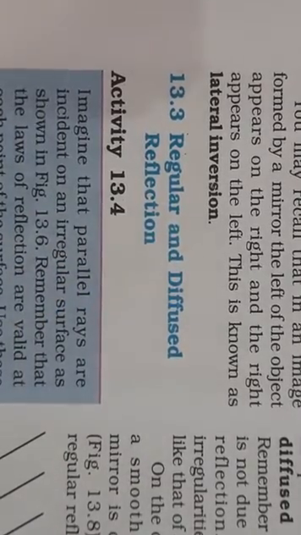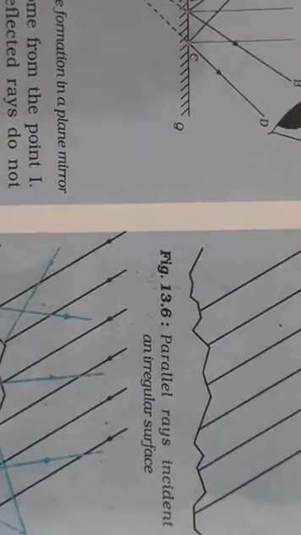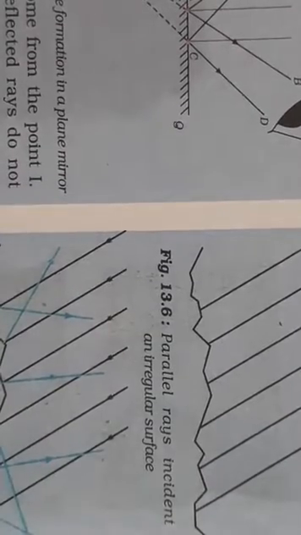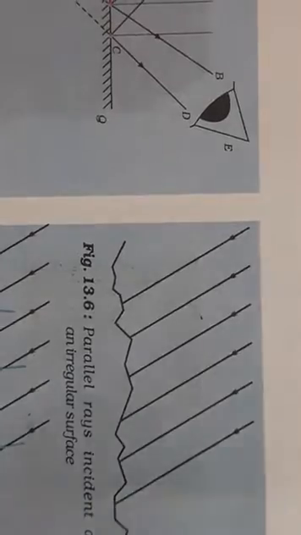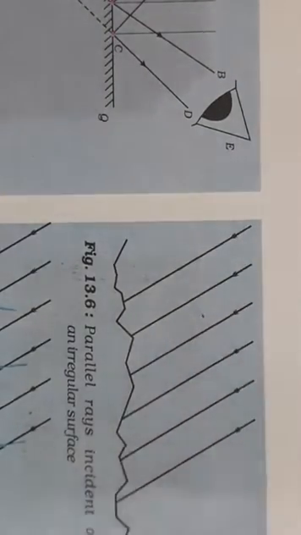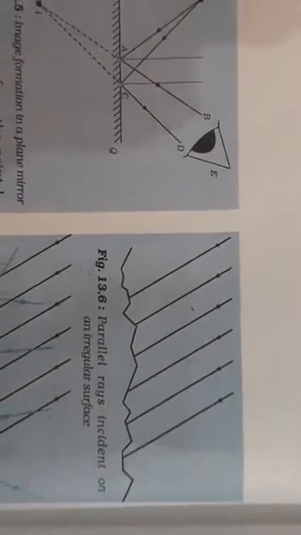Now, see children, when the rays from any light source, the parallel lines, all these are the incident rays coming from a source of light, and as you can see in the figure, all these are parallel to each other.